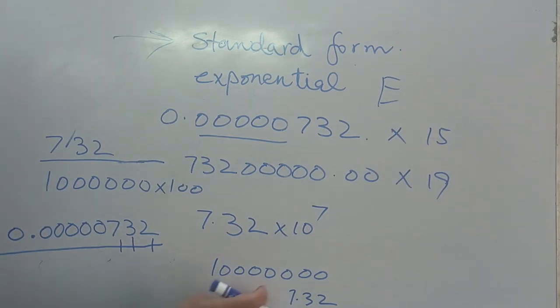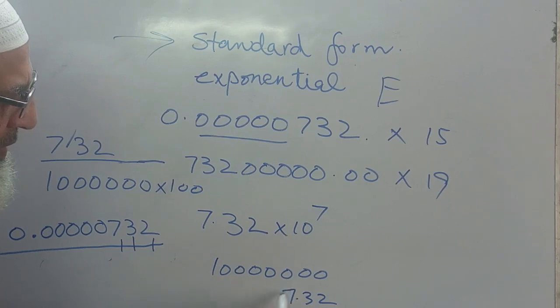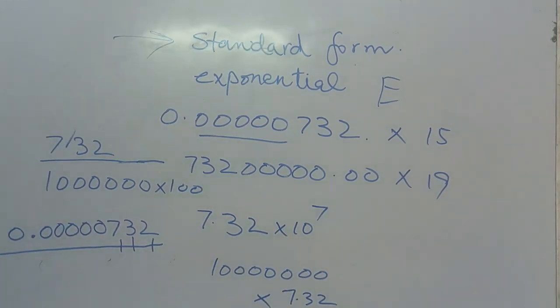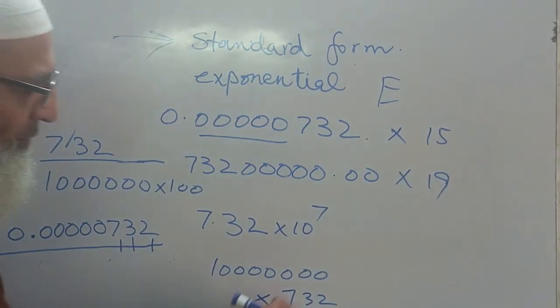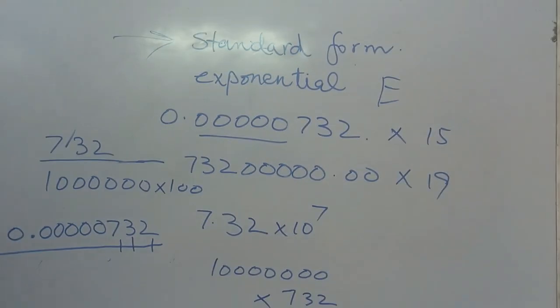Now what will it become if you multiply this? Just don't multiply it in the manual way. Just omit this point from here. While omitting this point, you will have to lose 2 zeros also.